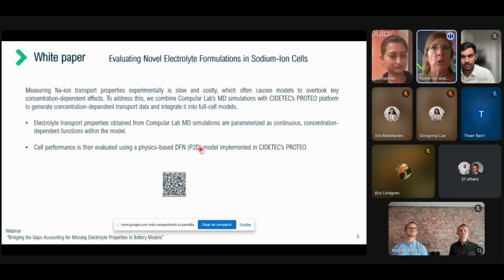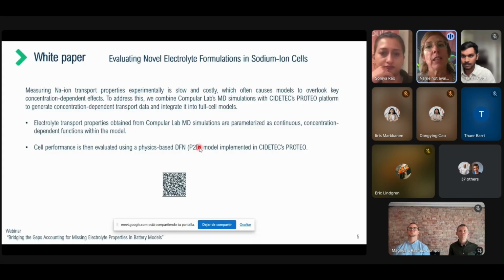And we normally use this approach just for optimization purposes, where we normally extract something like a Ragone plot, depending on certain electrode properties. And this is something that we've dedicated a lot of effort to, parameterizing electrodes.